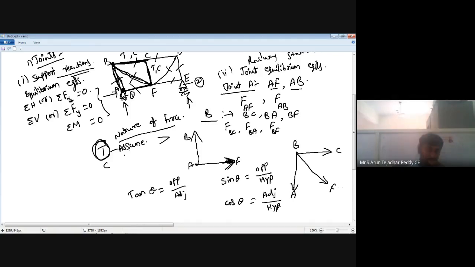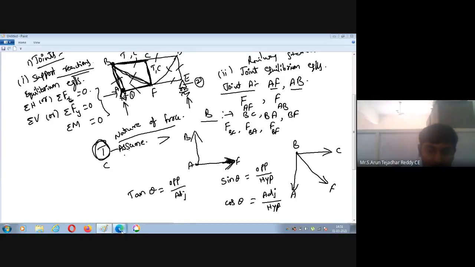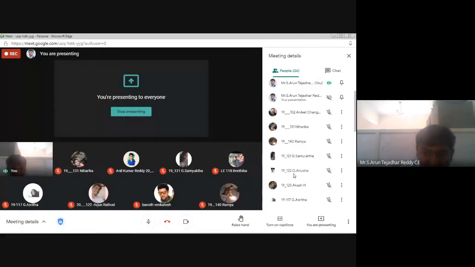Then only we can move to further steps. 122 Anusha.